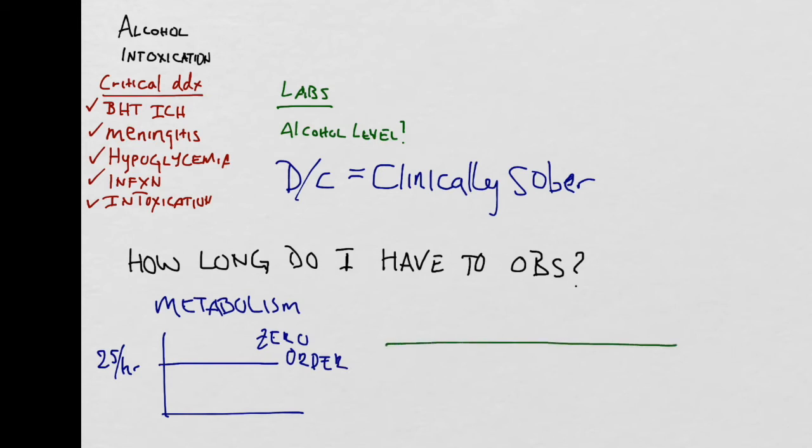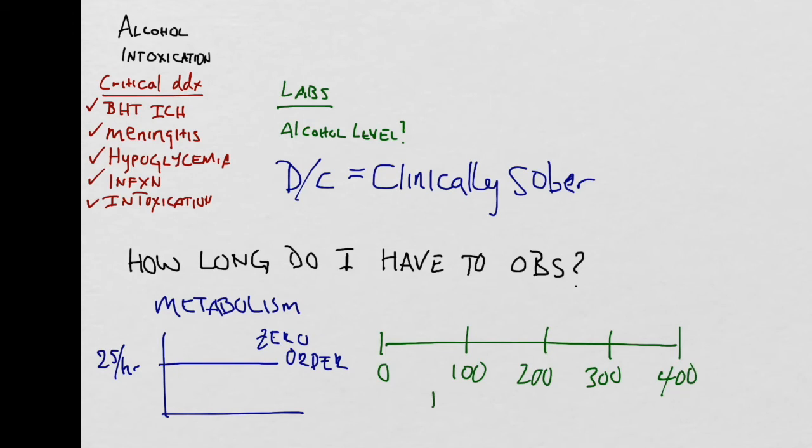So with that knowledge, let's go over the intoxication profile of a patient, understanding that everyone is different and can feel differently at different levels of alcohol. So this is just kind of a rough table. Let's start by writing in the numbers for blood alcohol levels. We have 0, 100, 200, 300, and 400.